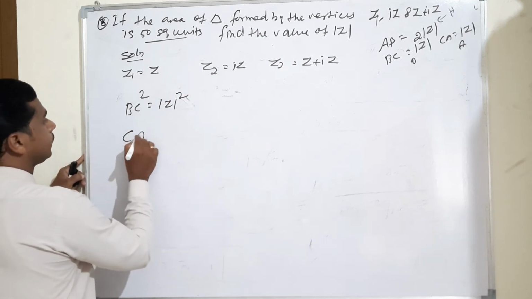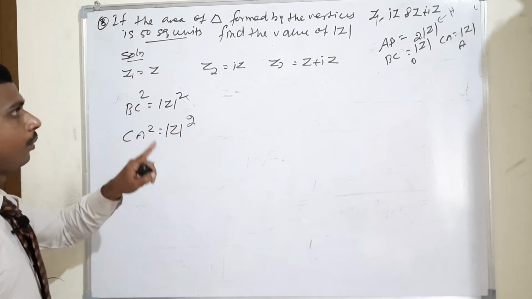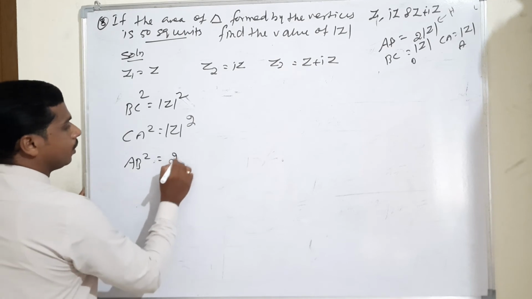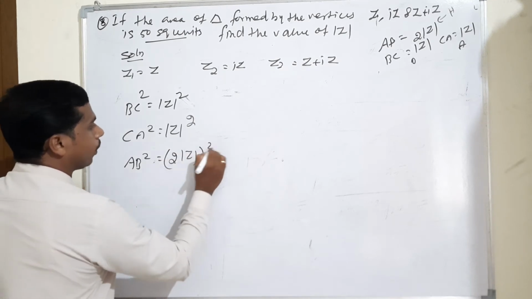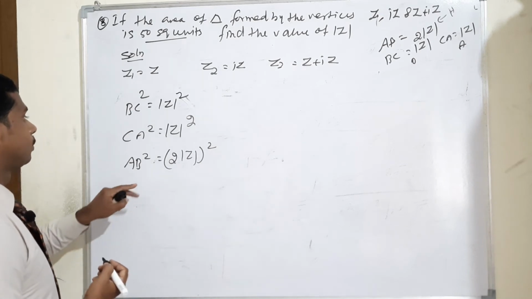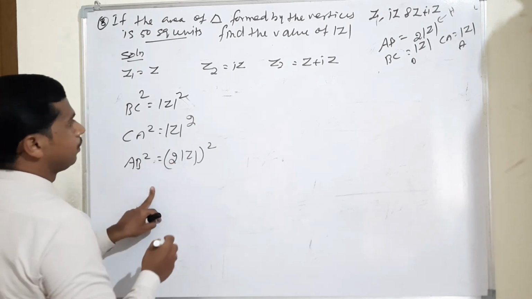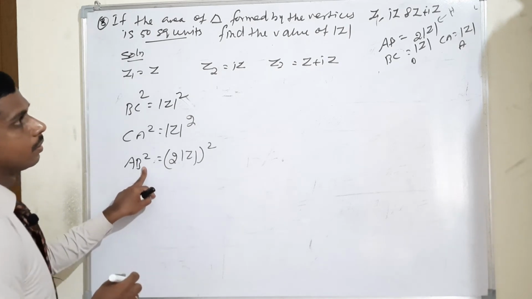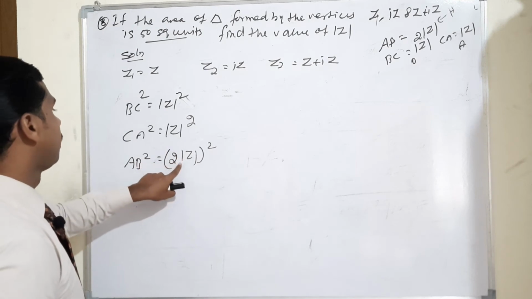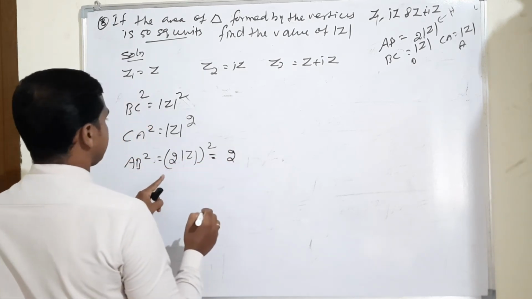As well as CA square is also modulus of Z square. So now we check AB. AB square means root 2 modulus Z the whole square, so 1 plus 1, 2 is there. So this is actually 2 modulus of Z square.